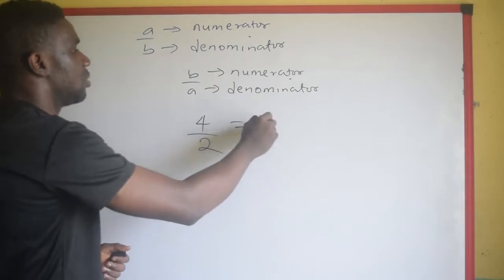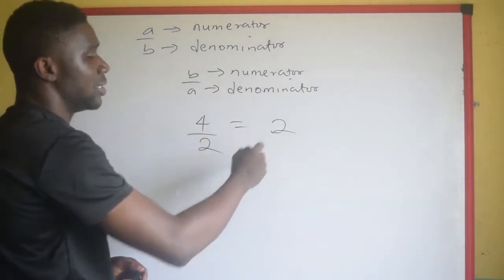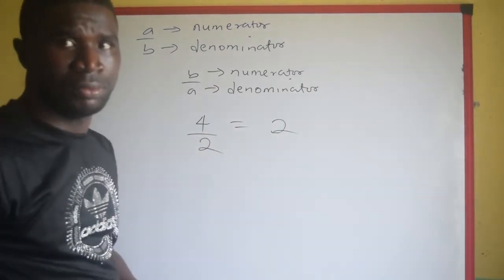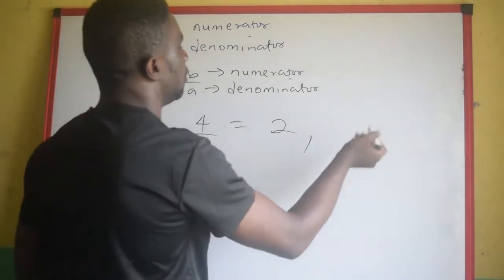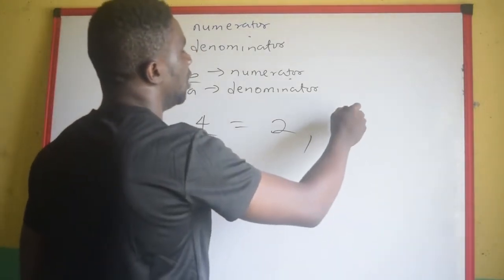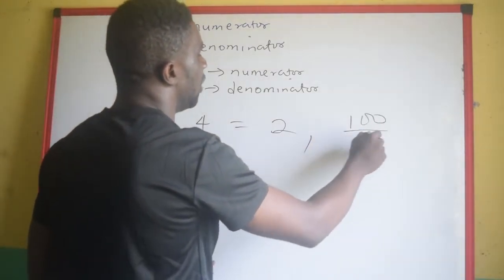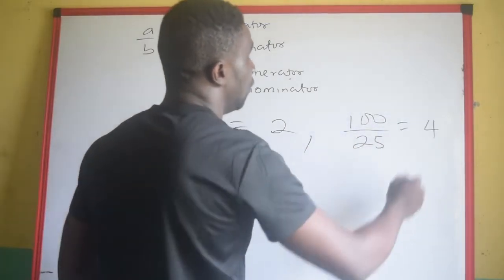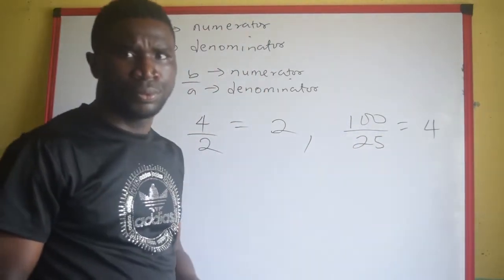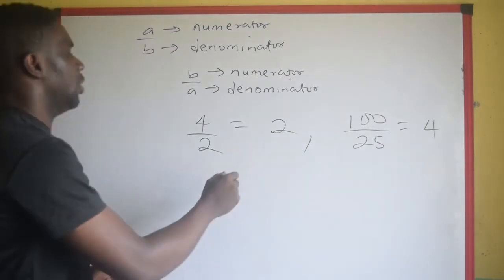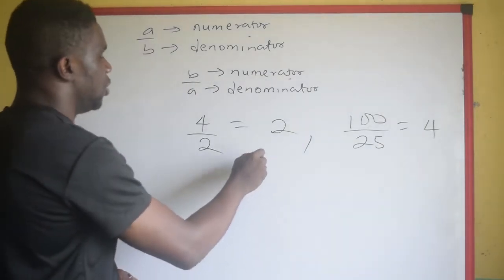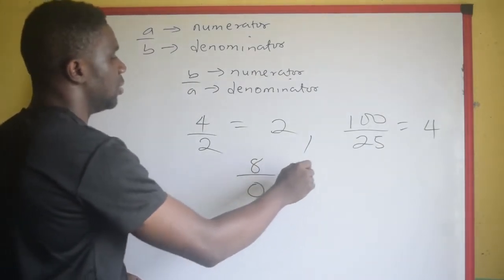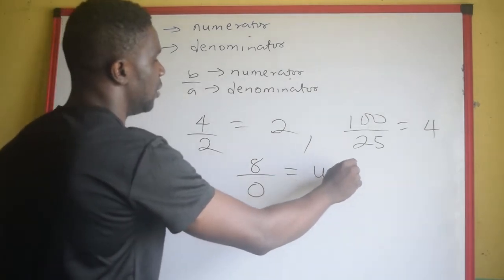The calculator returns 2 as the answer to you. You punch 100 over 25, the calculator returns 4 to you. Now, you punch 8 over 0, the calculator returns undefined.